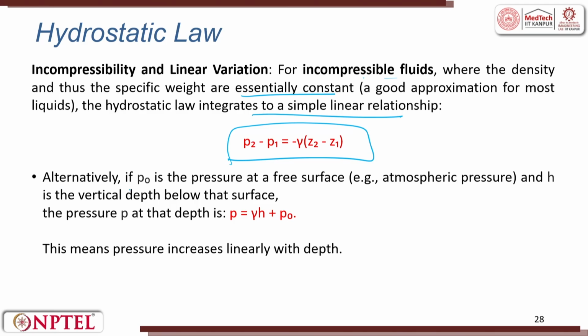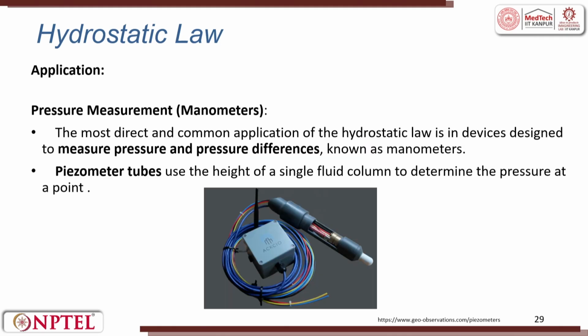Alternatively, if P naught is the pressure at a free surface, atmospheric surface, and H is the vertical depth below that surface, the pressure at a depth is defined by this equation, P equal to gamma H plus P naught. This means that the pressure increases linearly with respect to depth.